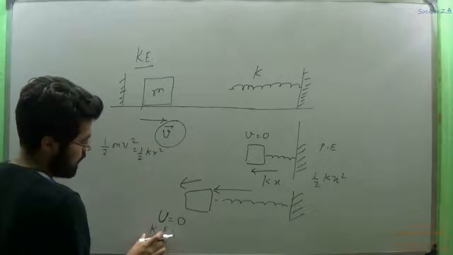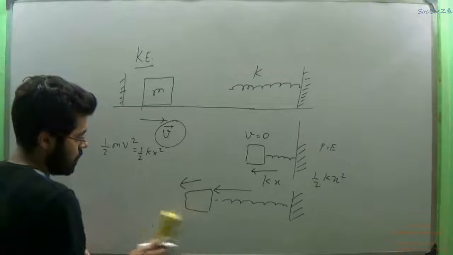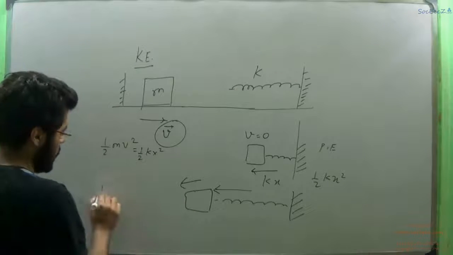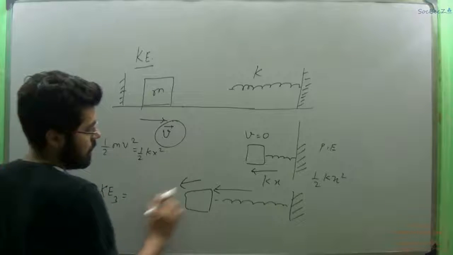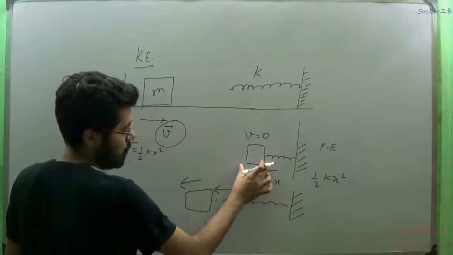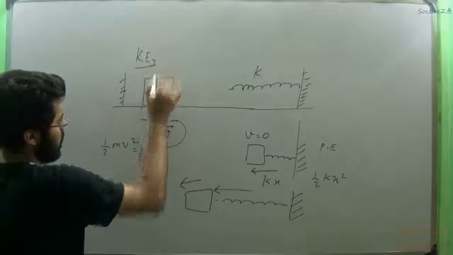And what will be the value of this kinetic energy? This kinetic energy at moment 3 will be just equal to the potential energy at moment 2, and that was equal to the kinetic energy at moment 1.